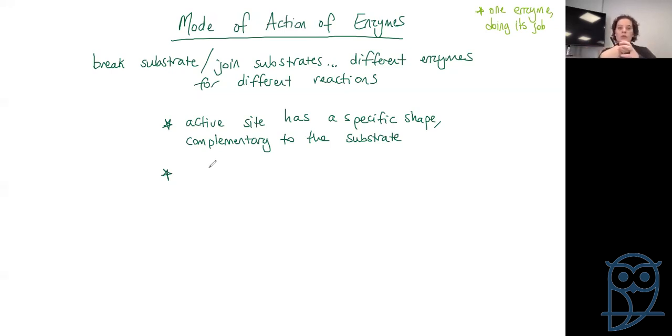When we fit together, it's not just a random in and out, it's got to stay there. So we have to have some kind of bond holding the enzyme to the substrate. This is where we get our hydrogen bonds.